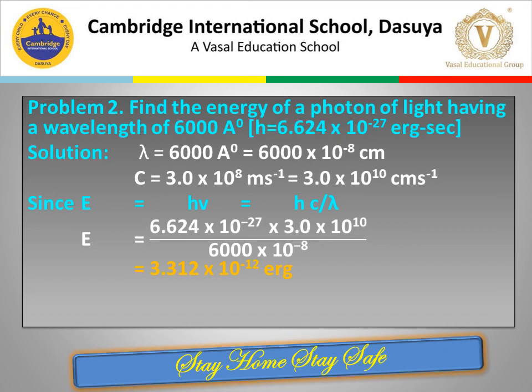We have put this value. When we solve these quantities, we get E equals 3.312 into 10 power minus 12 erg. The mathematical calculation you can carry out.